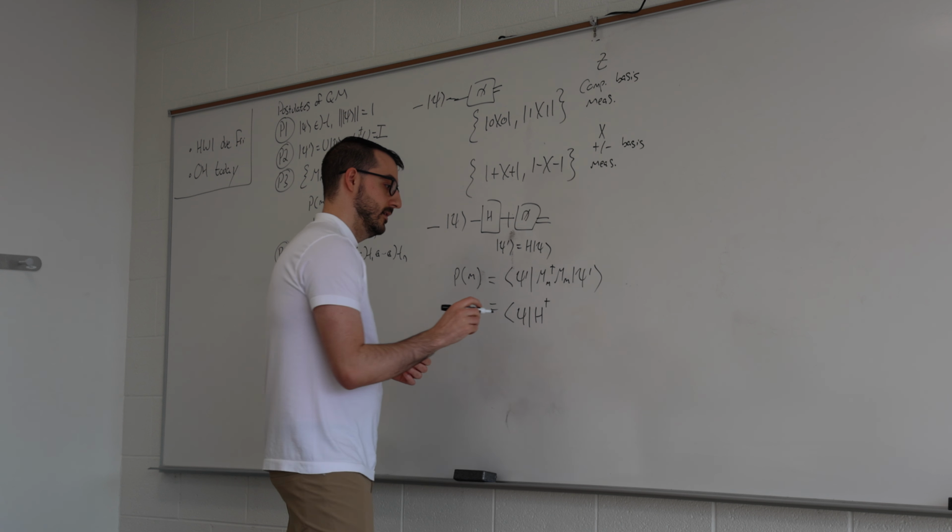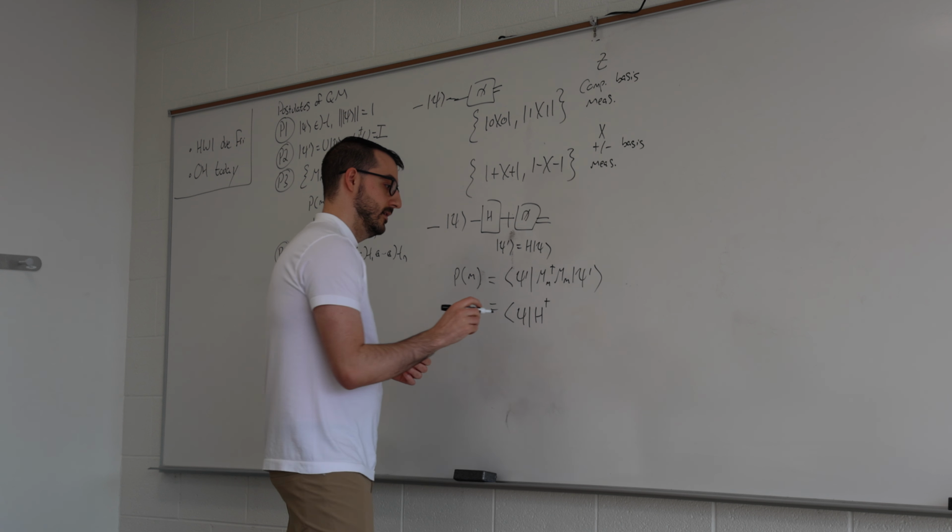Now, who could tell me what Hadamard acting on the ket 0 state is? Exactly right. This is the plus state. So I have psi times the plus state. And then it's going to be the same thing in reverse. Remember here I want to put in a dagger, which I can do.